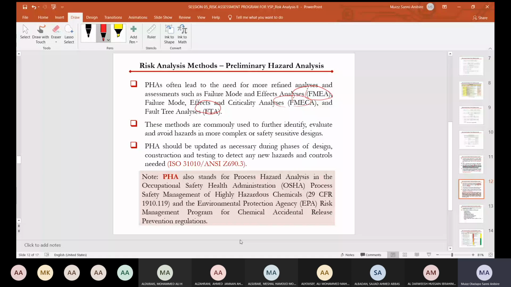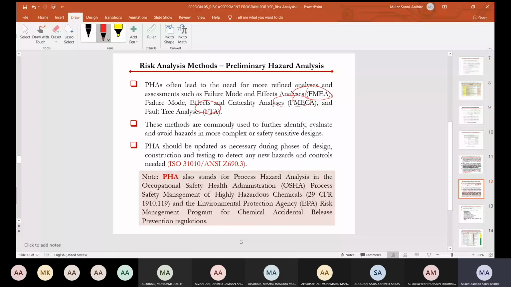Now, PHA should be updated as necessary during phases of design, construction, and testing. Okay, just like every hazard analysis method that we talked about, usually you have to continue to update. Hazard analysis is not a static process, it's a dynamic process, which means that you have to continue to check and update what's happening in your laboratory, or what's happening in your analysis or your research or things like that.